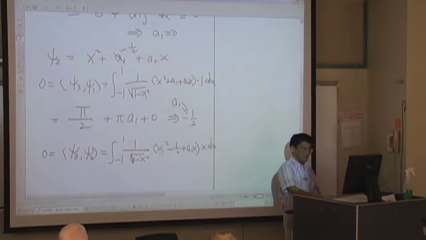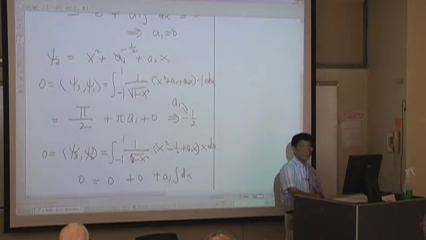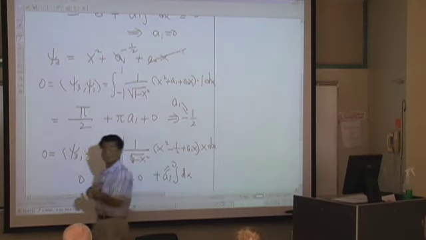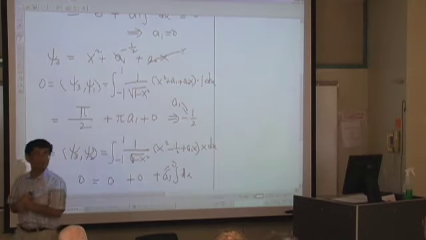Then the first integral is odd, gone. The second integral is odd, gone. The third integral is a2 times some integral, so it equals 0. So because of this, no matter what value is here, a2 is 0, gone. So we have found psi 3. Do you follow me or not?